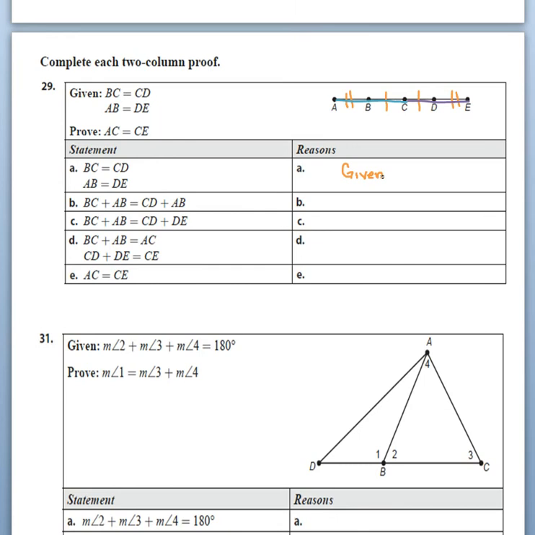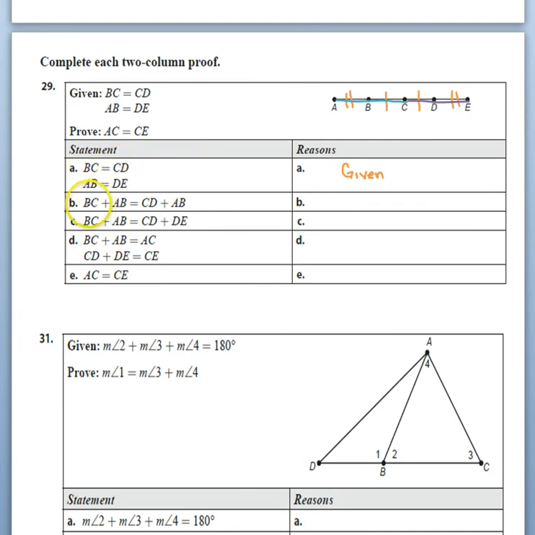Okay, now let's take a look at statement B. What's going on in statement B? It says that segment BC plus segment AB equals segment CD plus segment AB. Now this is really important to notice what's going on. Let's look back at statement A. Look at the very first equation, BC equals CD.